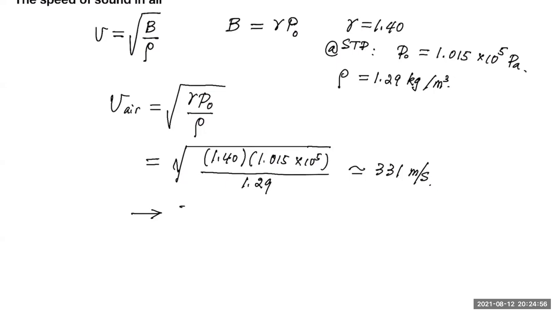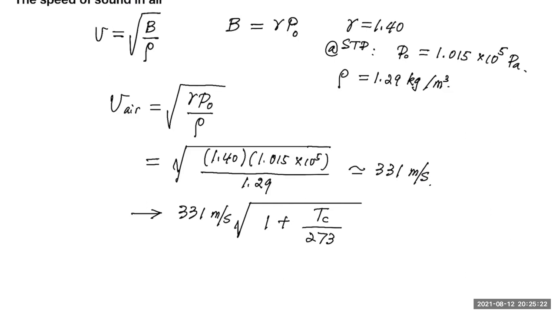It is equal to 331 meters per second times a corrective factor due to the temperature change. That corrective factor is 1 plus the temperature of the air in Celsius divided by 273. For example, if the temperature is 0 degrees Celsius, in other words, Tc is 0, then it's just 331 meters per second.